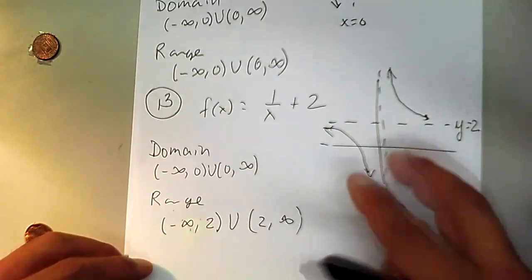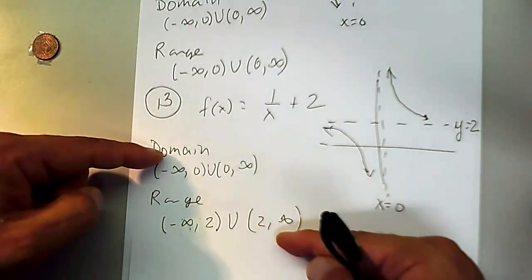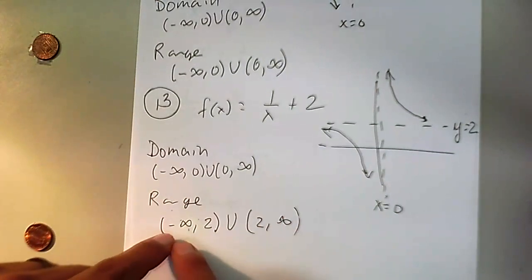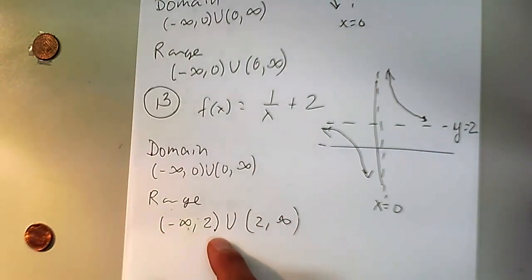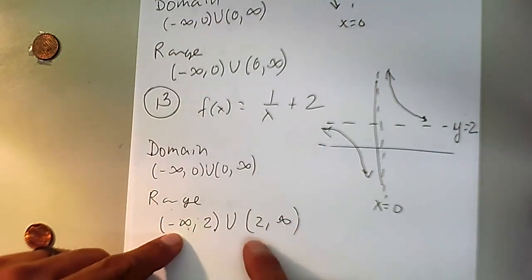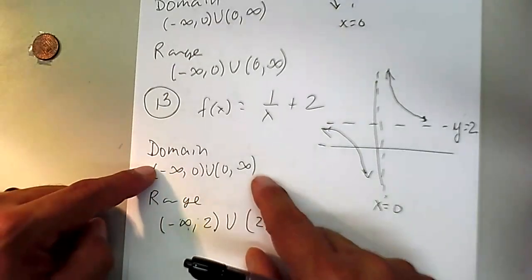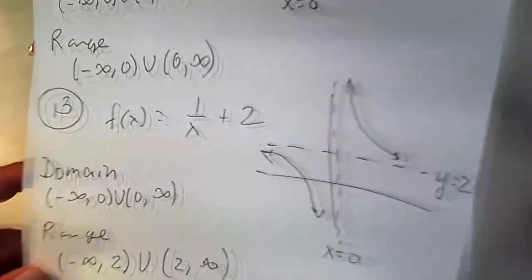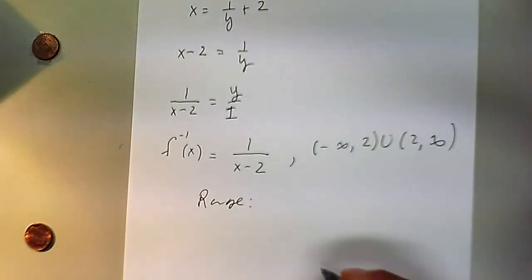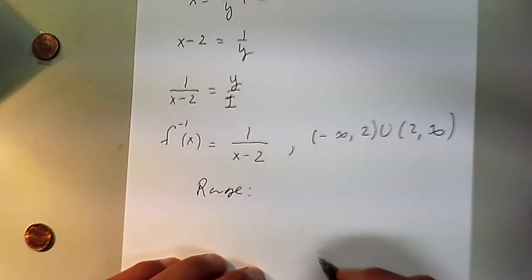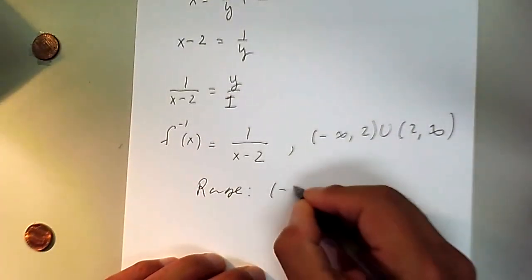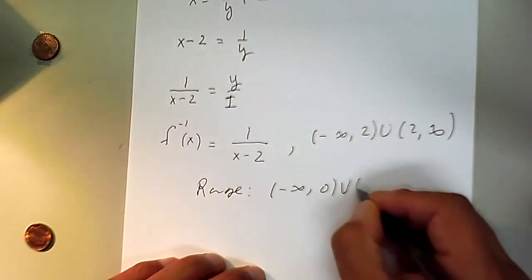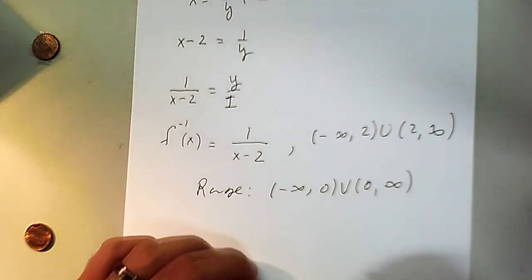When we have the inverse, those two have to swap. So the domain is from negative infinity to 2, and then from 2 to infinity. The range goes from negative infinity to 0, and from 0 to infinity, which before was not necessarily clear. So the range goes from negative infinity to 0, union from 0 to infinity.